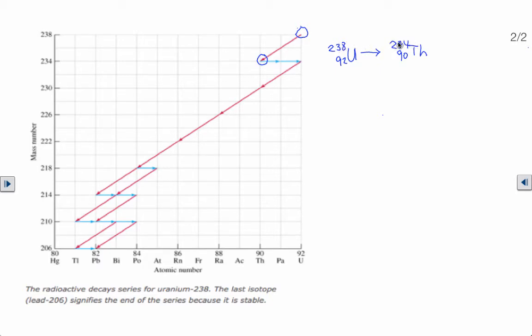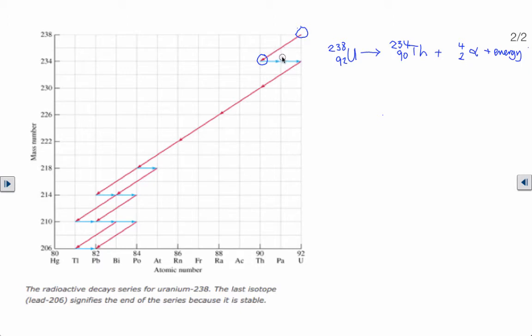So there's a decrease on this side of 4 in the mass number, so there must be 4 in the mass number of the particle that's ejected. The atomic number of the particle ejected must be 2, and that makes that an alpha particle. And there's always some energy given off. That's the first step in the decay series.